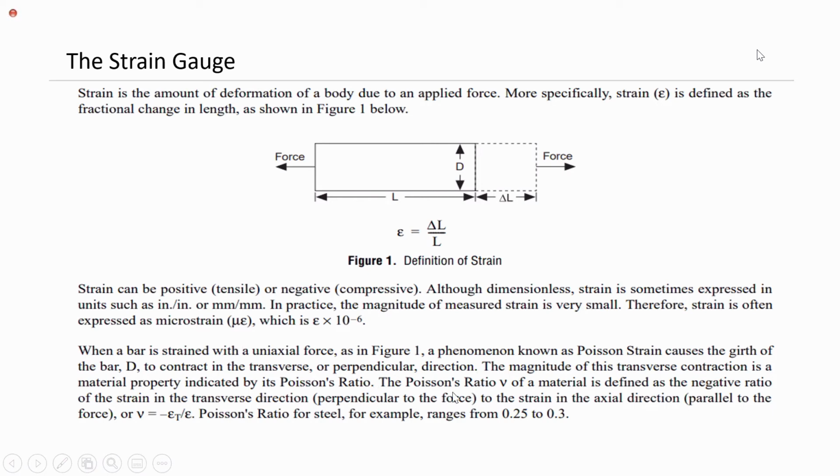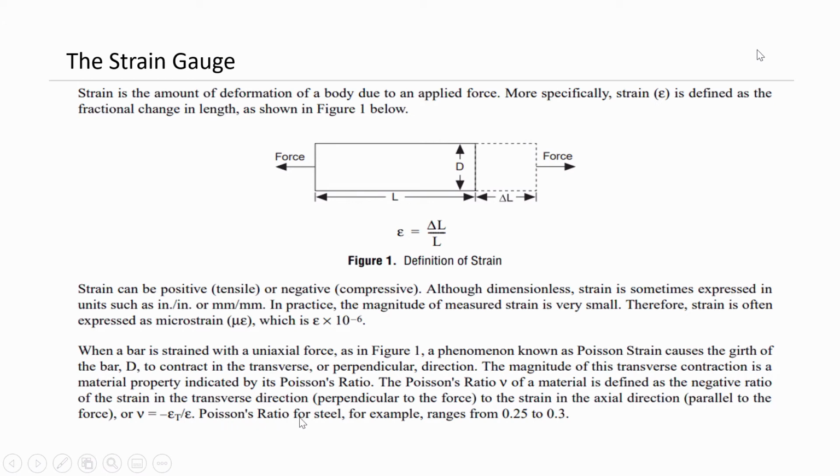The Poisson's ratio eta of a material is defined as the negative ratio of the strain in the transverse direction, that is perpendicular to the applied force, to the strain in the axial direction. So here we can see the relation between the Poisson's ratio and the strain.